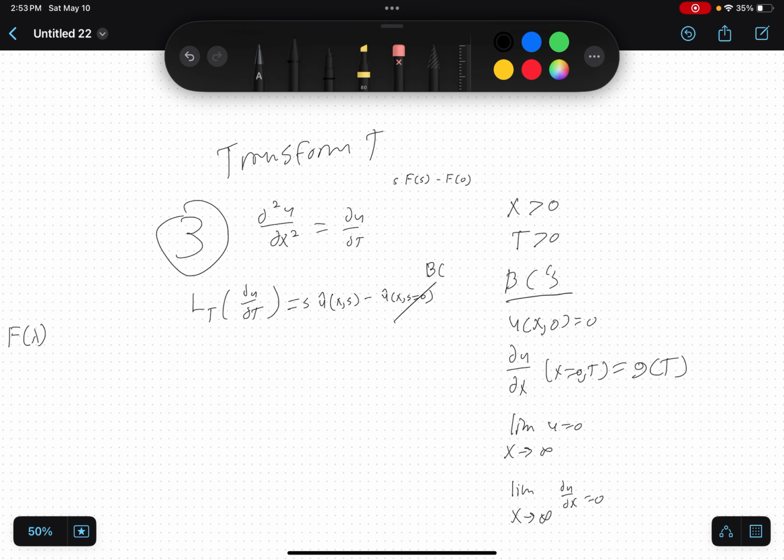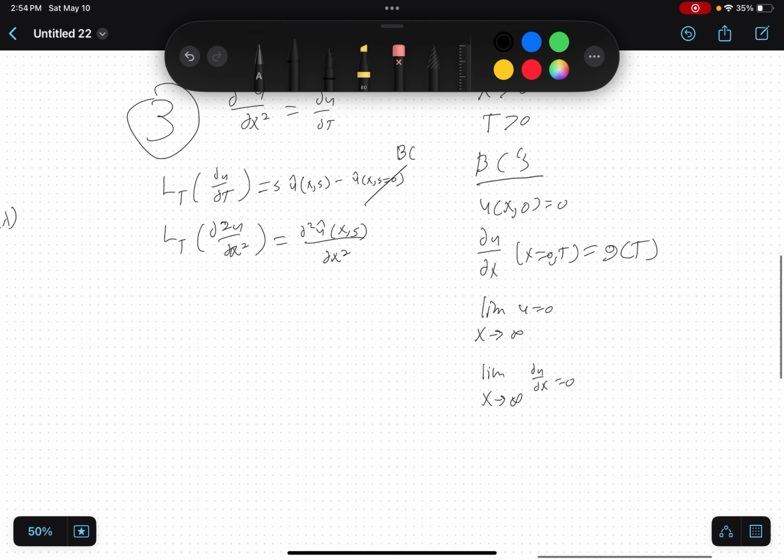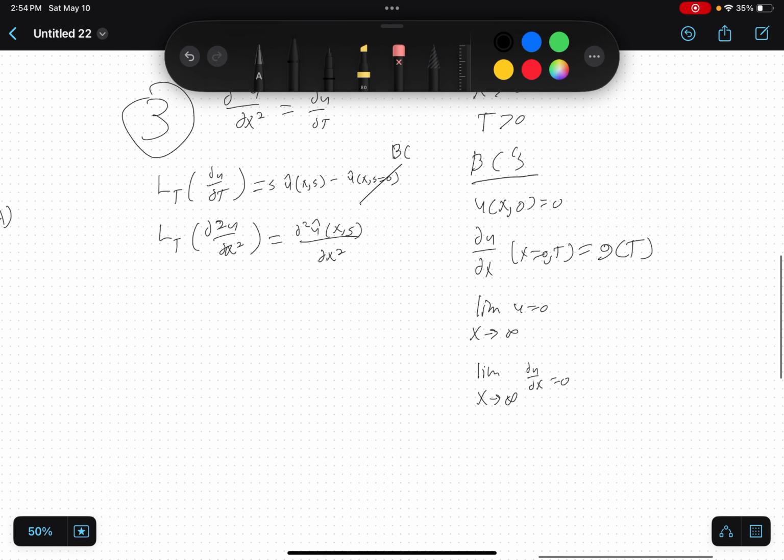And then the other one, cool. Then what do we do? Yeah, then it's in normal stuff. We make our equation.